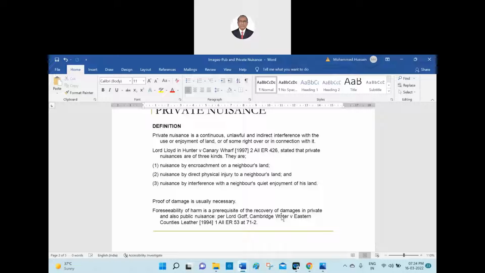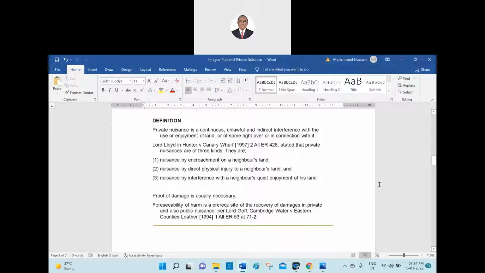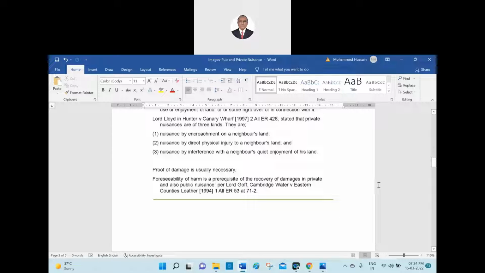For instance, if you plant a tree and the branches protrude over his land, or the roots extend to his land and crack the foundation of his wall, it is an indirect way of trespass, hence we can say it is a nuisance. If chimney fumes pass to your neighbor from morning till evening, causing inconvenience to them, then also it is a private nuisance.